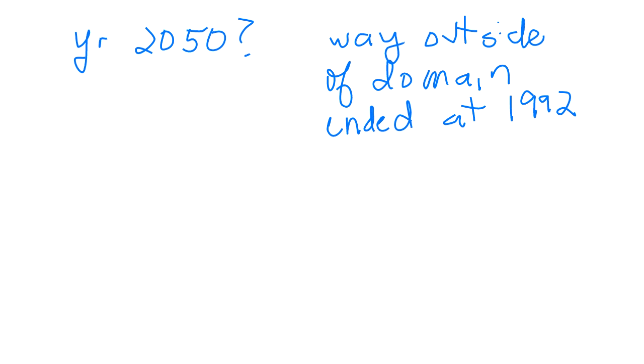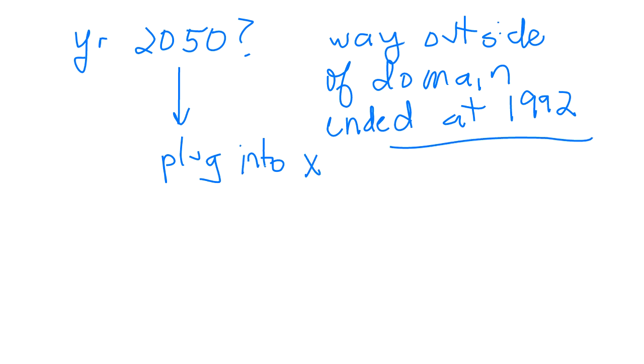You can estimate it, but you can't really depend on that value. So again, you just plug this year into the line, into X. But it's way outside the domain, so you wouldn't really depend on that.